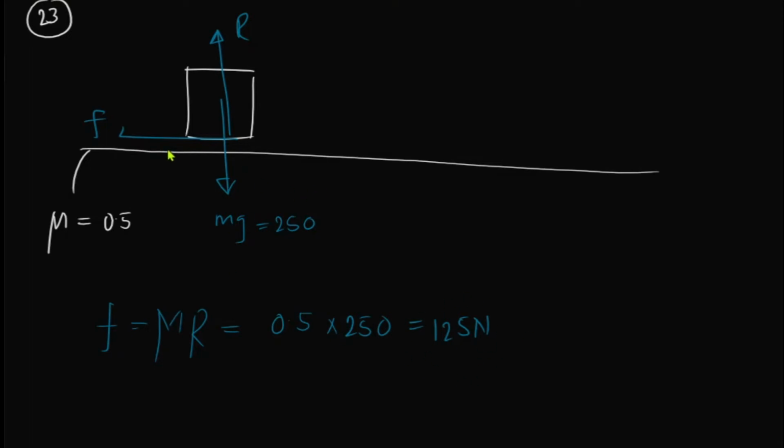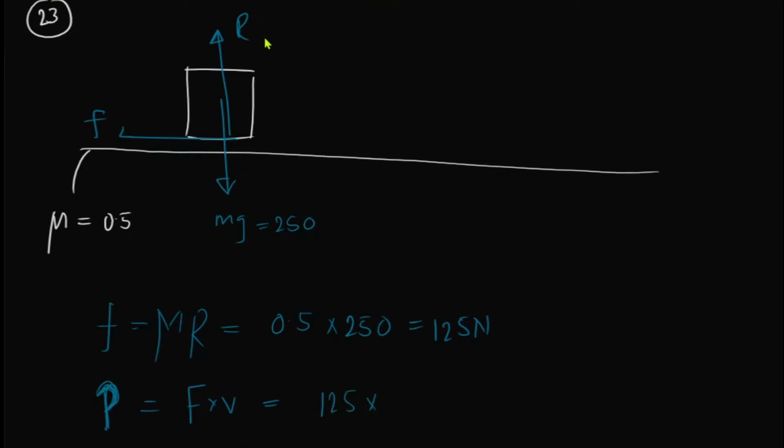Because of this frictional force, heat is going to be produced. So shall we find the rate of heat produced, or else the power? That is F into V. F is 125 newtons.